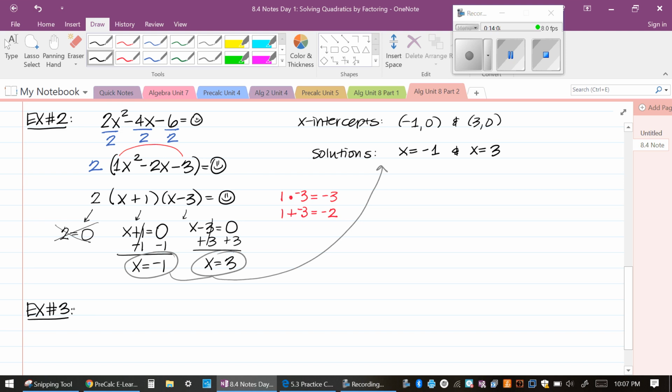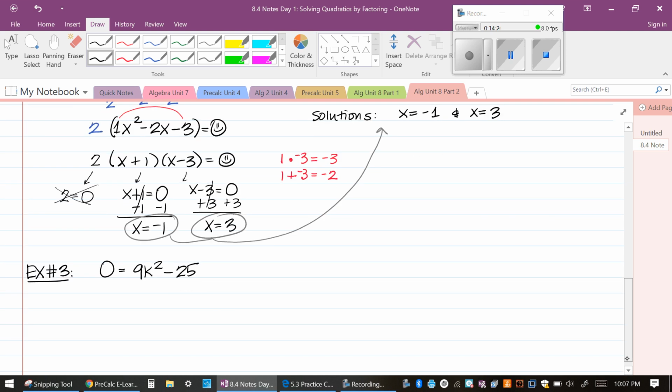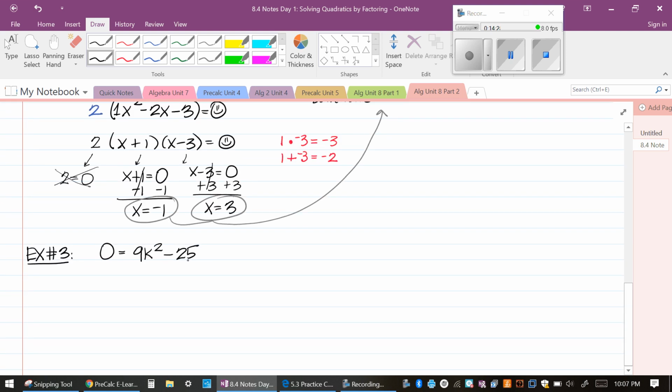Okay, here's example number 3. If you notice, we have a quadratic term.